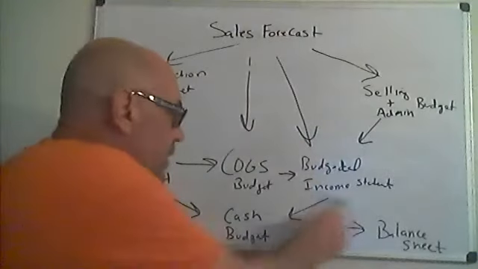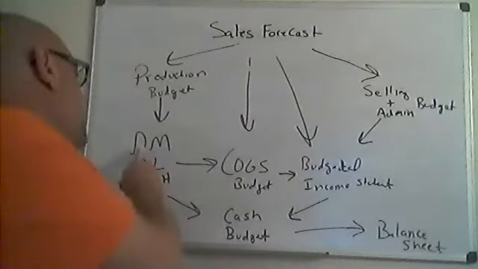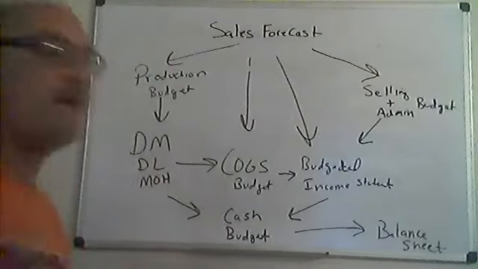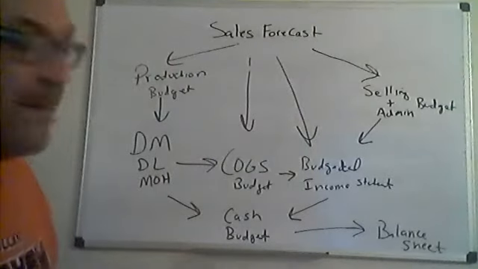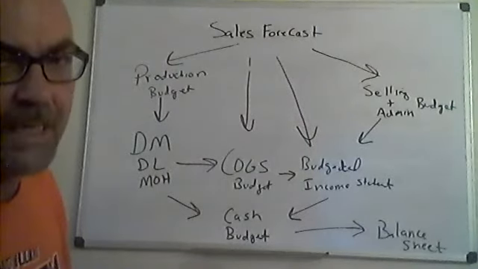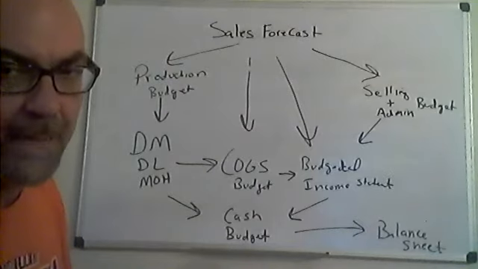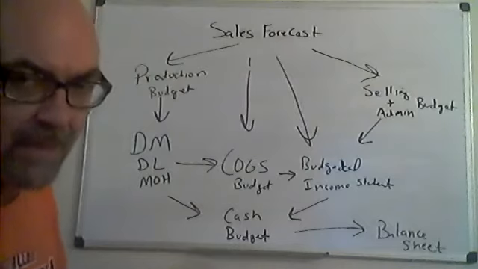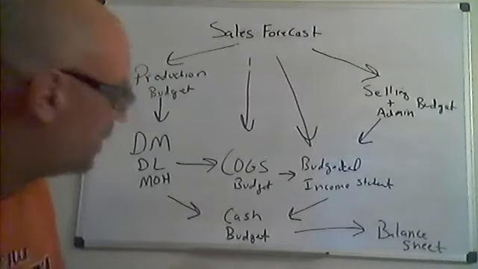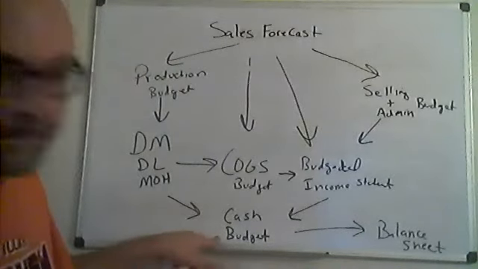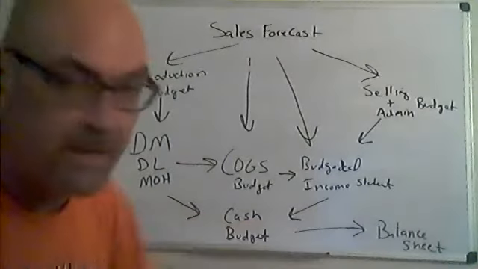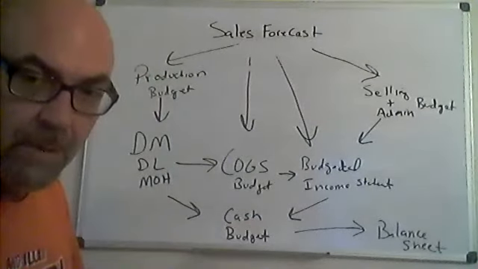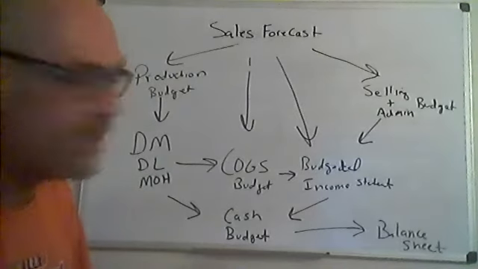Now we are going to use the budgeted income statement, the direct materials and direct labor, and the manufacturing overhead budgets, combined with a few other schedules like receivable and payable collection and payment timing, to find out when cash is actually going out of those accounts to make our cash budget. From our cash budget, we can then make the projected, or I should say budgeted, balance sheet.